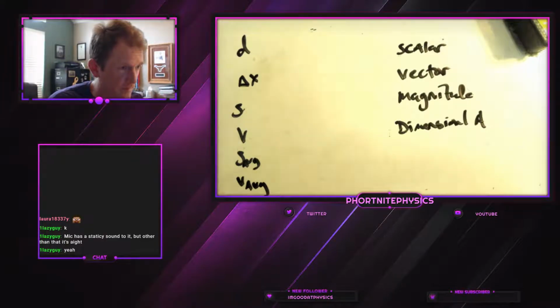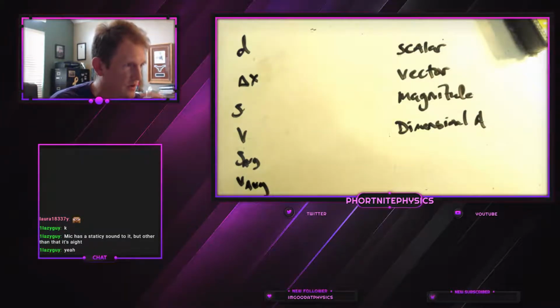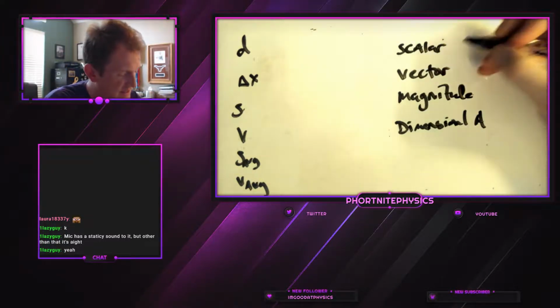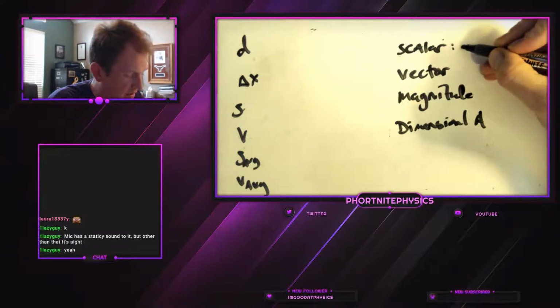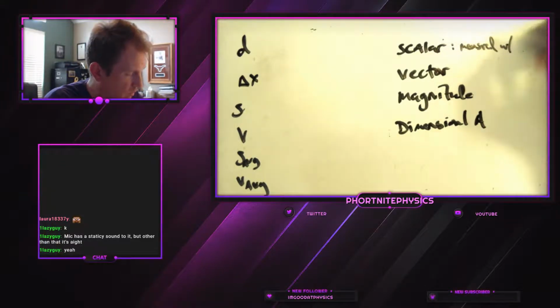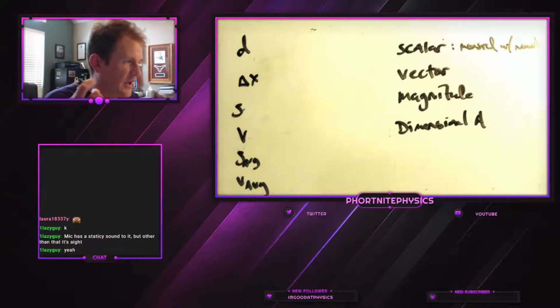Anyway, so distance versus displacement. Okay, so you know what? Let's go ahead and start over here. These words will help give these context. So scalar. Scalar is anything that can be measured just with a number, okay? I know my handwriting is quite poor, but there it is.